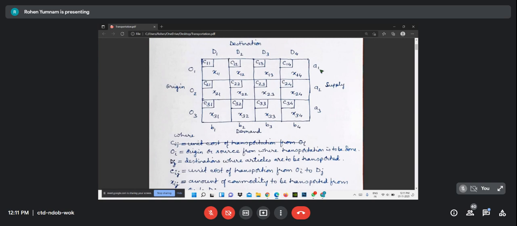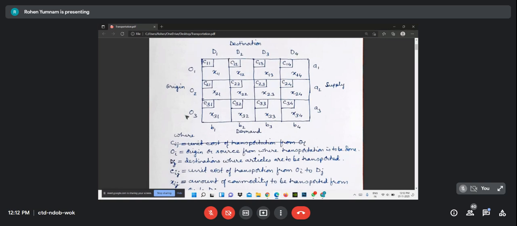O1 has A1 number of items, and D1 demands B1 items. These are numbers. The problem is given like this, and our target is that all the things available in O1, O2, O3 are to be transported to D1, D2, D3, D4 at the minimum cost. Our target is minimum cost.